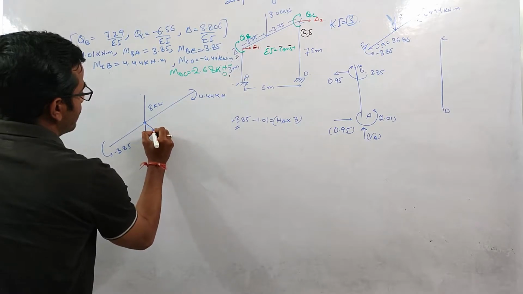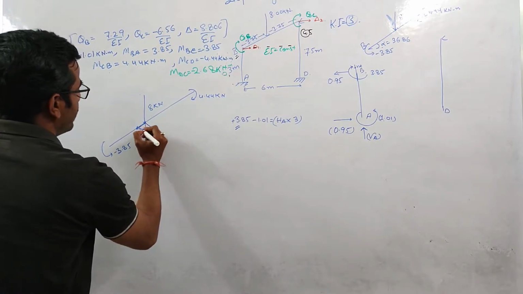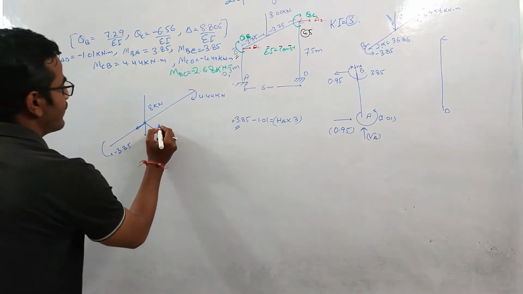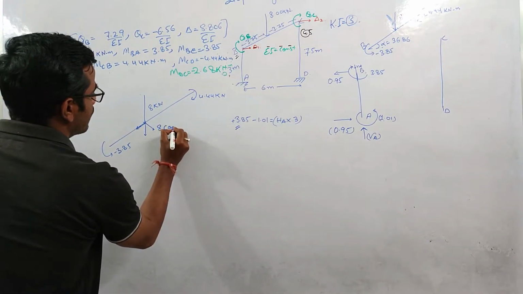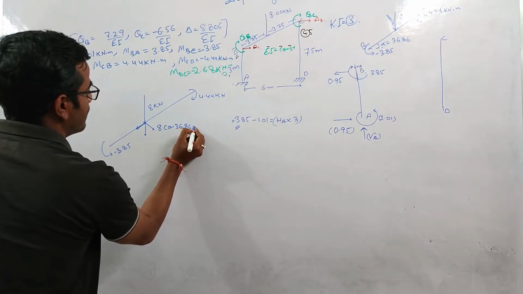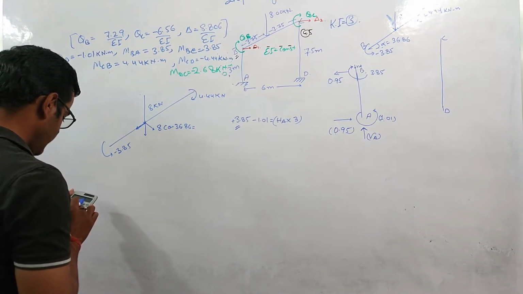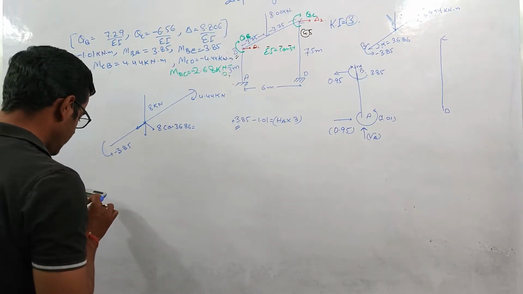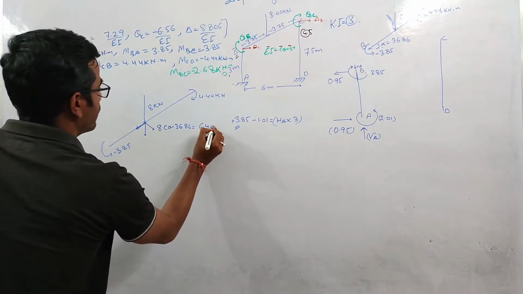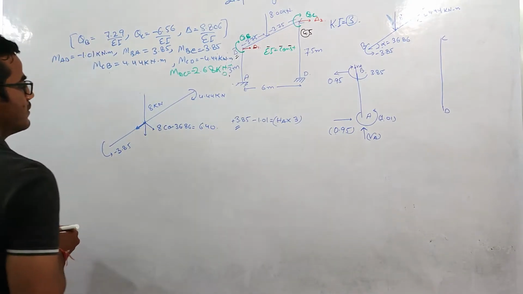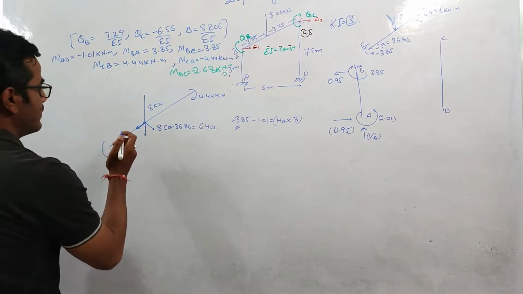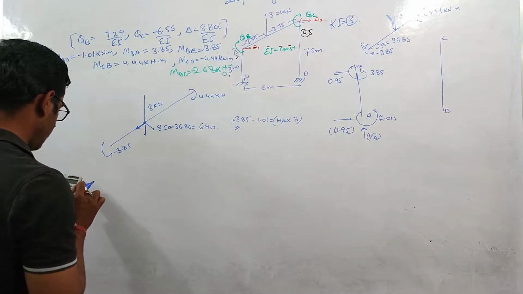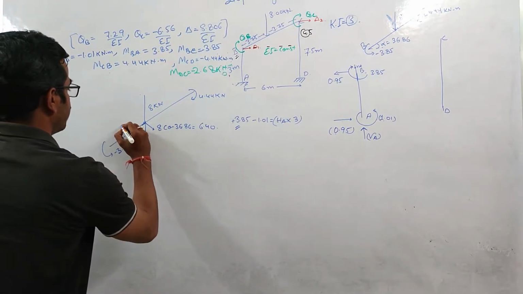This 8 kilonewton load we can break into components, one along this inclined member and one perpendicular to it. This we have already calculated. This is 8 cos 36.86, which is 8 into cos 36.86, equal to 6.40. And the component along this beam is 8 into sine 36.86, which is 4.8.